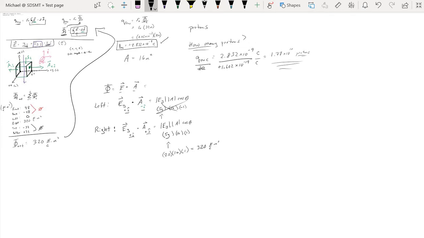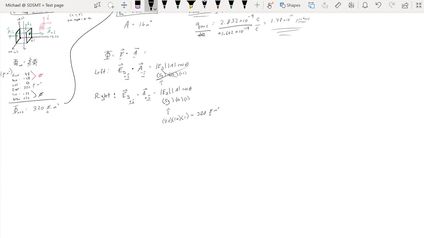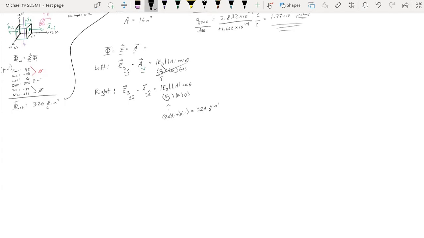That could be a concept check for one of our quizzes or our tests. Because I have that much positive charge inside of the cube, does that mean that there are no electrons anywhere? And the answer to that question should be no, not necessarily.